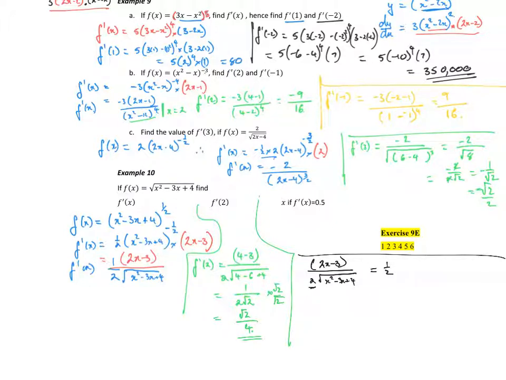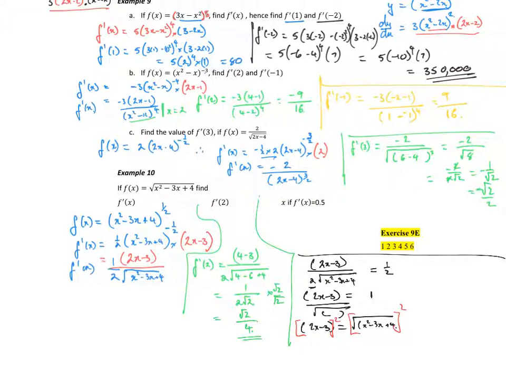So I'm going to write 2x minus 3 over the square root of that is equal to 1. Let's bring the square root across now. The square root of x squared minus 3x plus 4. Let's square both sides. Gets rid of that square root.